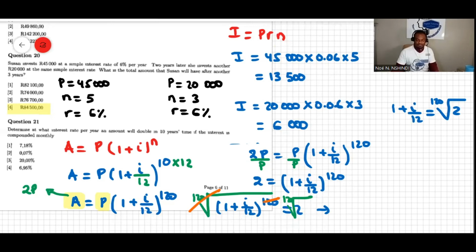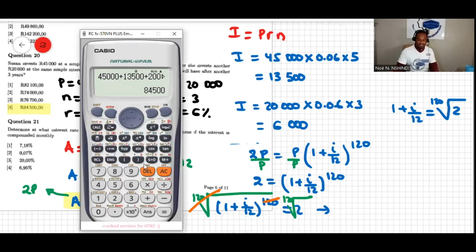Now, to do that in the calculator, you press shift and then the root key. Now we can edit the index.